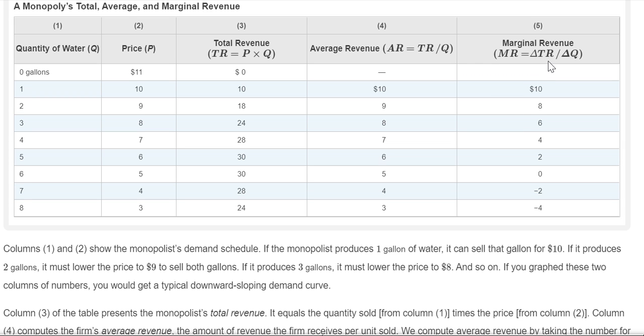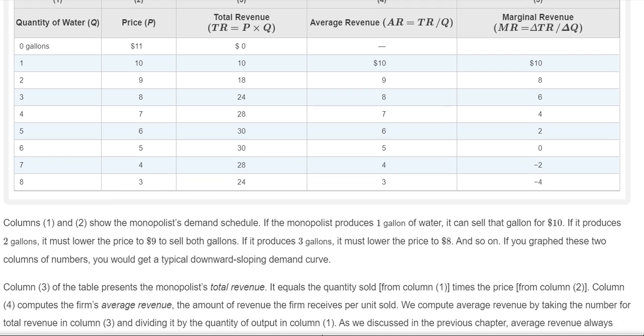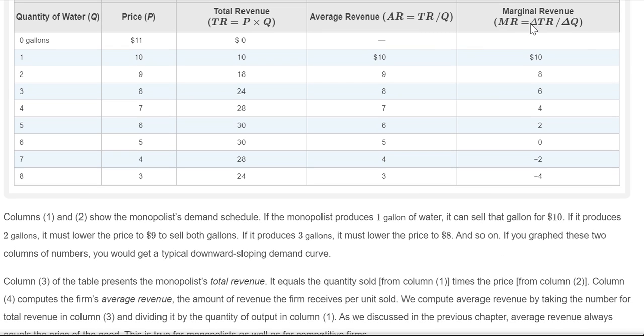Delta TR over delta Q. Delta simply means the change. The change in total revenue divided by the change in quantity. Making sense? All you have to do to determine marginal revenue is to take the change in total revenue.